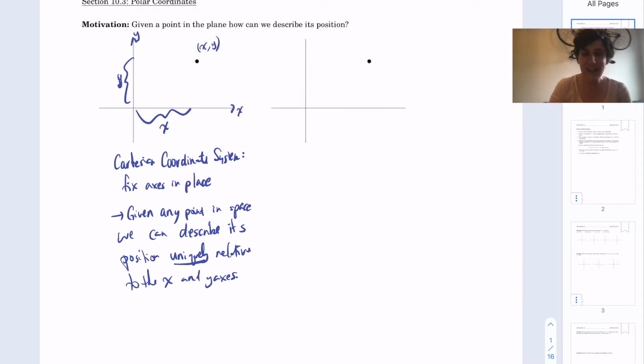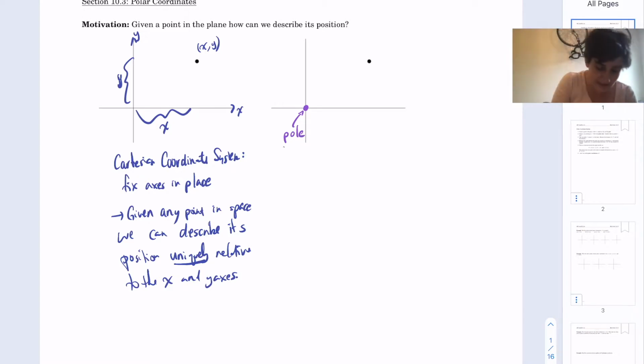Now, polar coordinates takes a slightly different approach, and what we do is we fix the pole. We call it the origin. Okay. We spell pole correctly.